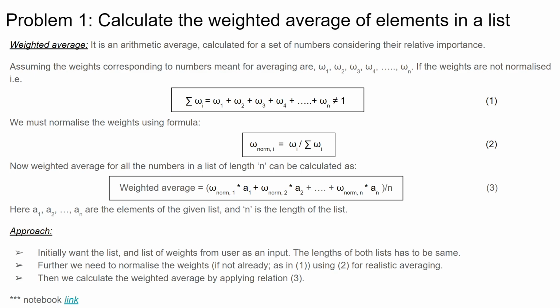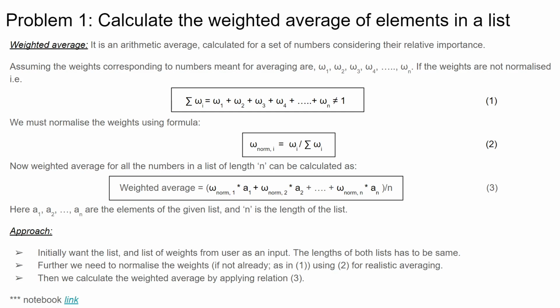If we are talking about a list of numbers, weights specify the relative importance of some numbers with respect to others. Let us say we have a list of n numbers. Those n numbers need not be in a sequence. They can be anything: positive numbers, negative numbers, real numbers.